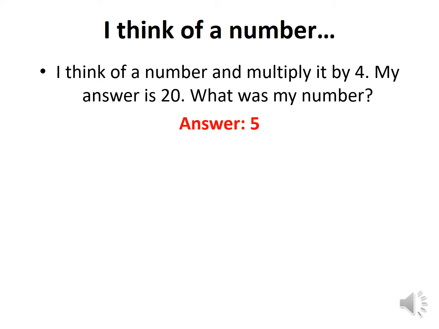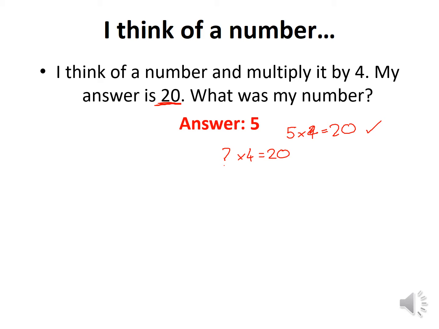So we know that 5 times 4 equals 20, so we can check it when we know the answer. How could we get it if we were working backwards? If we had some number that we don't know, and we times it by 4, that gives us 20. To get back to our original number, we need to do the opposite of timesing by 4.